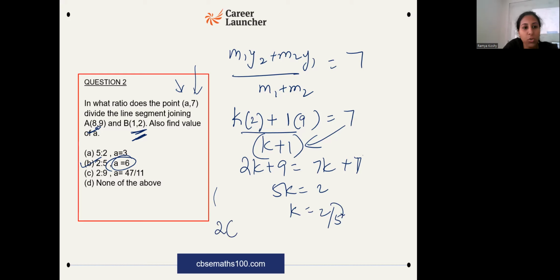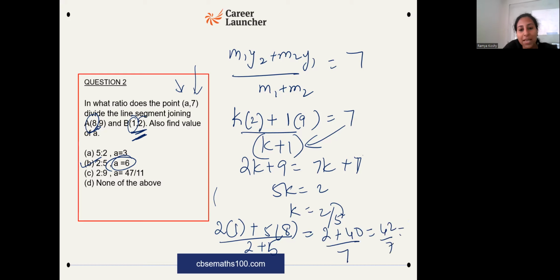So that means 2 into x1, plus 5 into 8, divided by 2 plus 5. 2 plus 5 is equal to how much? It is equal to 2 plus 40 divided by 7. 42 by 7, which is 6. So it is matching with this.